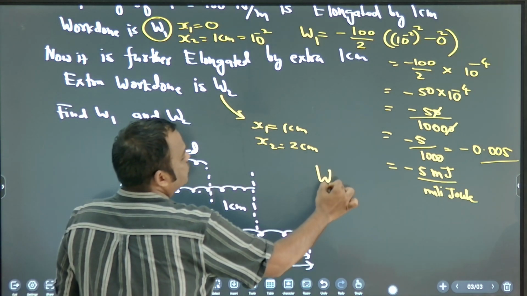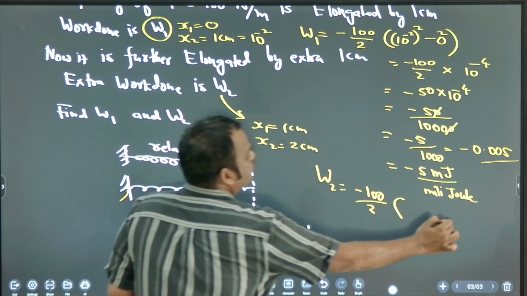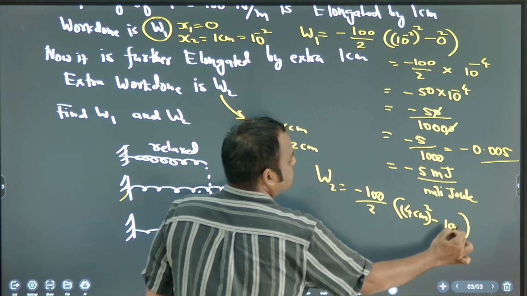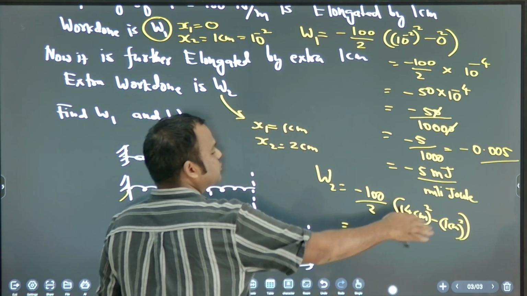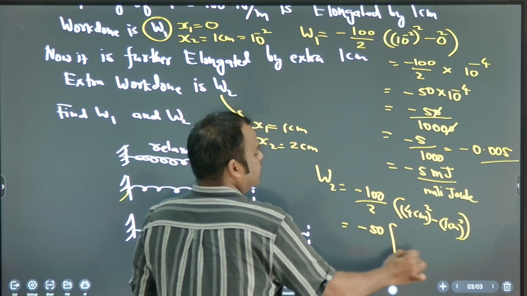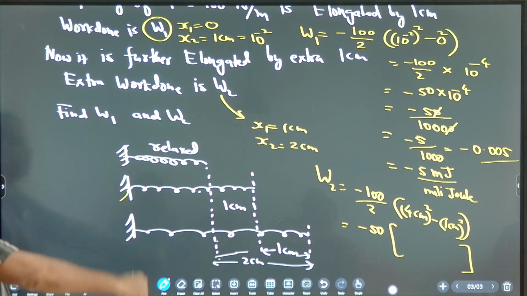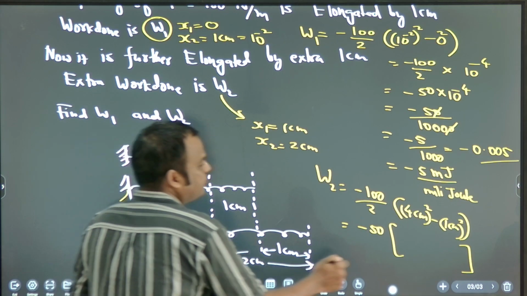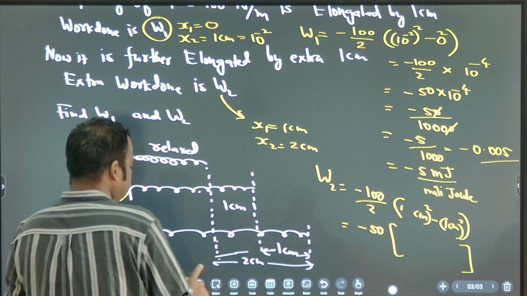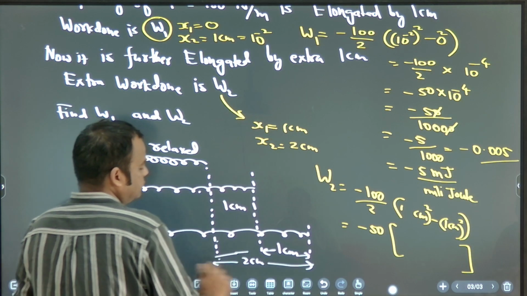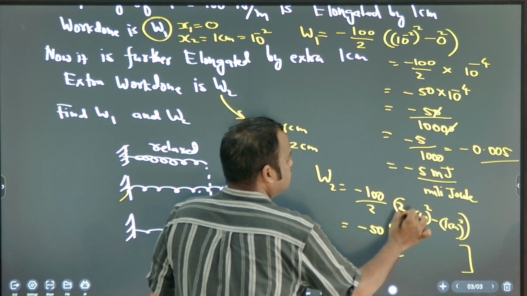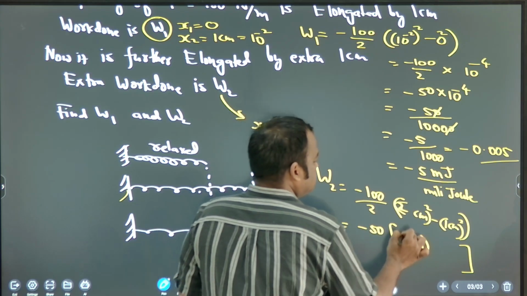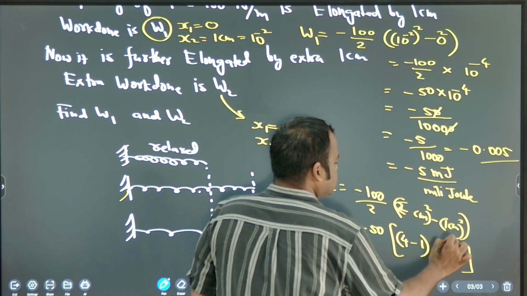So W2 will be minus K by 2 into (2 centimeter) whole square minus (1 centimeter) whole square. Centimeter square you can take common. So minus 50 into (4 minus 1) centimeter square, which is 10 raised to minus 4.